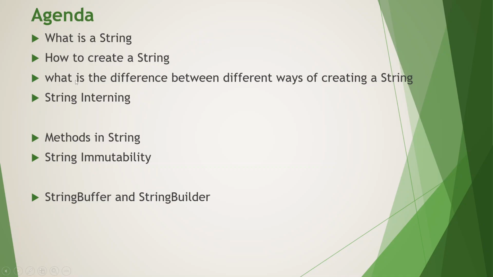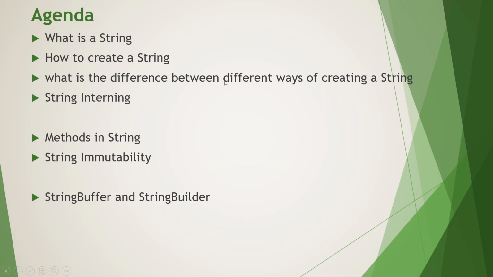We have seen the difference between the different ways of creating a string with detailed examples: the assignment operator and how the string constant pool comes into the picture, and how data comparison works when you create strings using the assignment operator and using the new keyword.